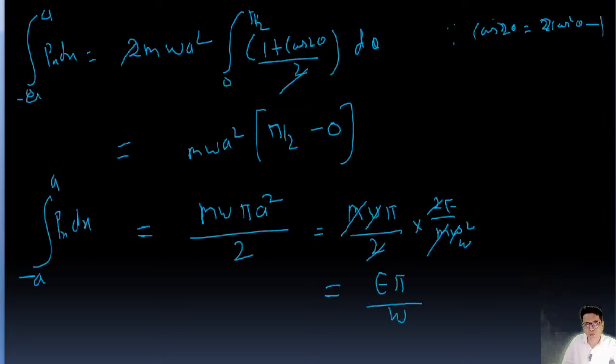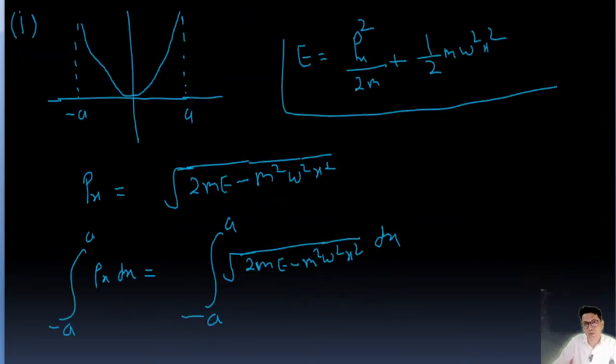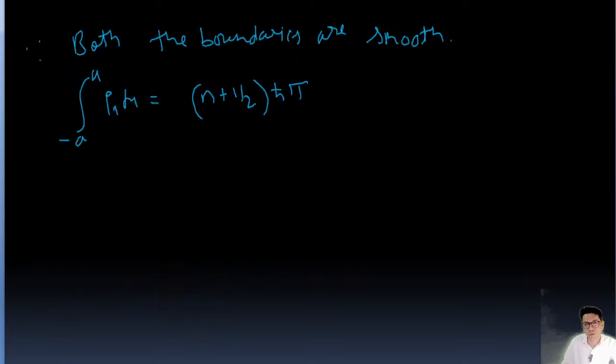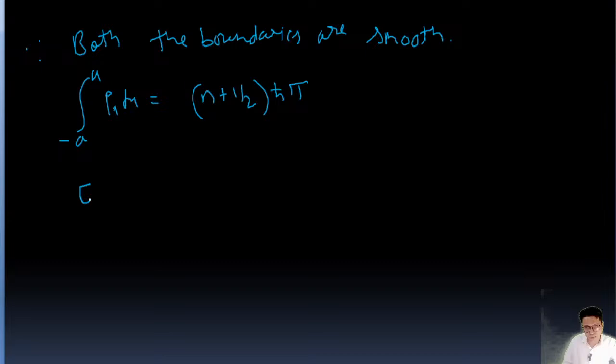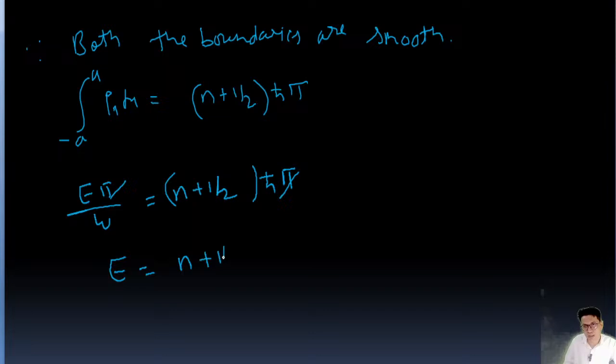So we'll put the value of this. The value of this we have already found, that is E pi upon omega, equal to n plus half h cut pi. So from here pi will get cancelled and the value of E is going to be n plus half h cut omega.